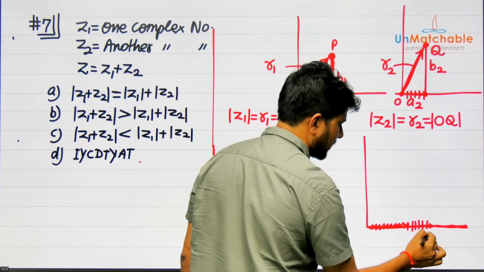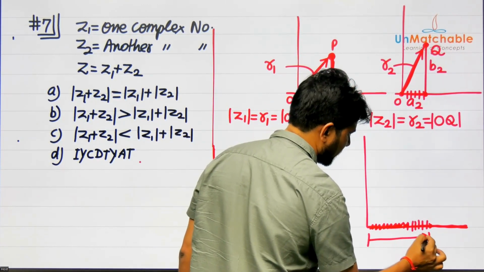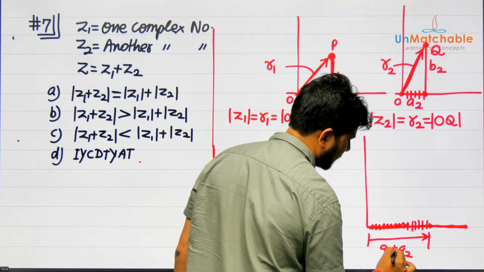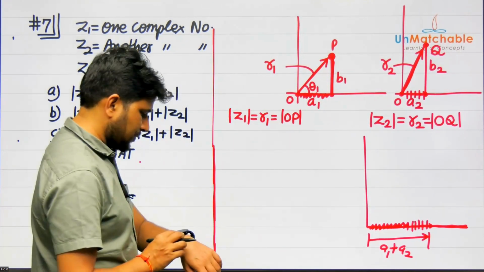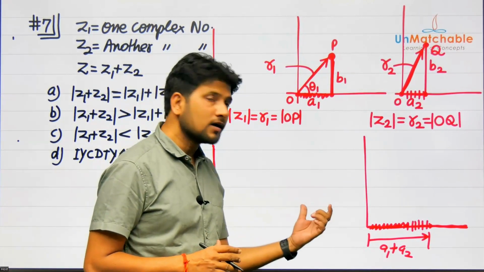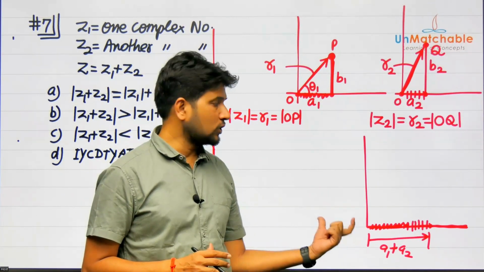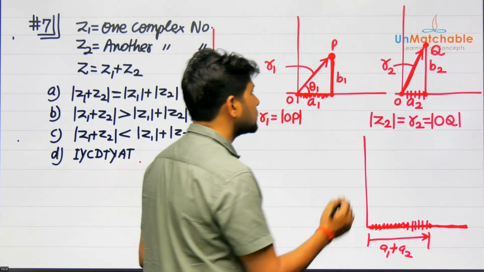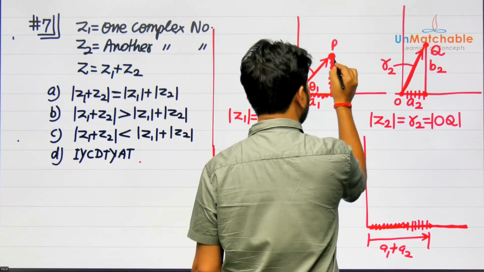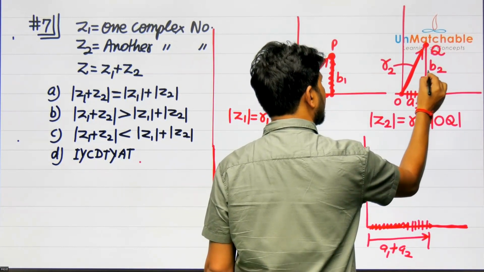And after that, I reach A1 plus A2, which represents the real part of the complex number which would represent the summation of both the complex numbers. And similarly, I do the same thing with B1 and B2.